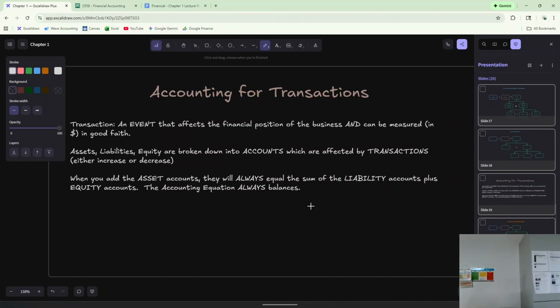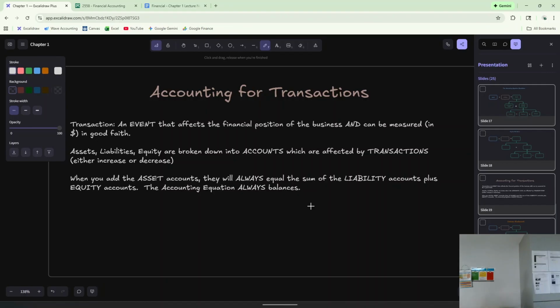That is going to have a big effect on the prospects of the company, but it's not measurable. So it's not a transaction. It is an event for the company for sure. You're going to see the stock price go crazy, but from an accounting perspective, we cannot really do anything with that because there's no transaction that happened, because we can't measure the value of that event.